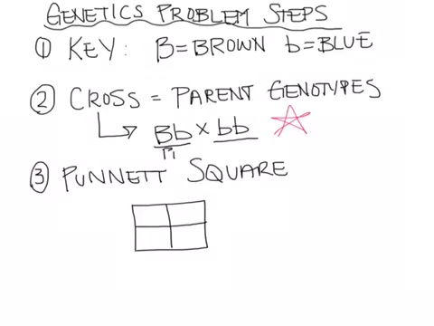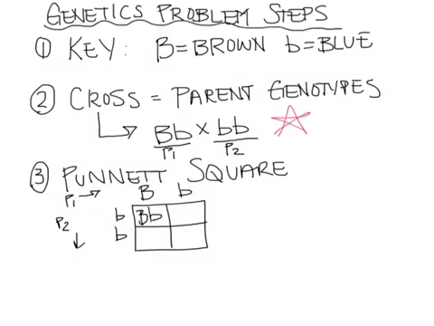This is parent 1 or P1 and this is parent 2. I like to put parent 1 across the top, big B, little b, and parent 2 down the side, little b, little b. You don't have to do it that way. You can always put parent 2 across the top and parent 1 down the side. Just get in the habit of doing the same thing every time.